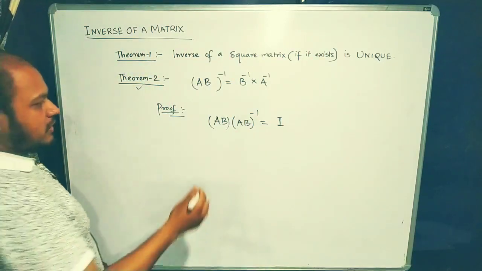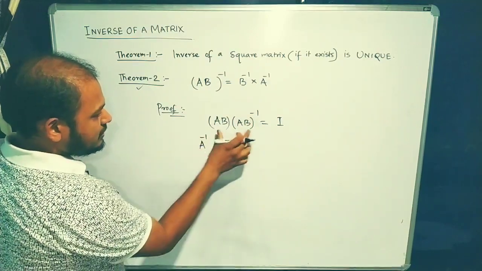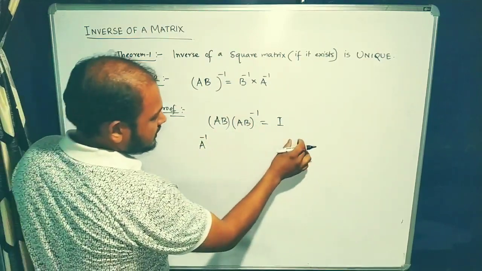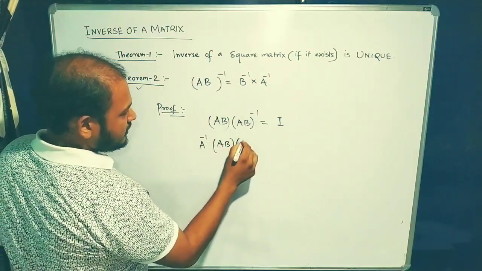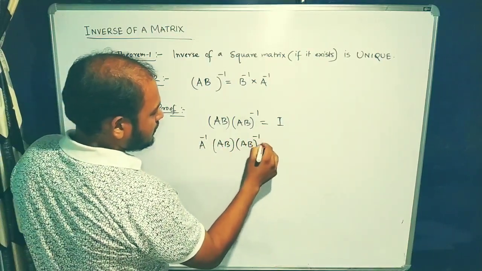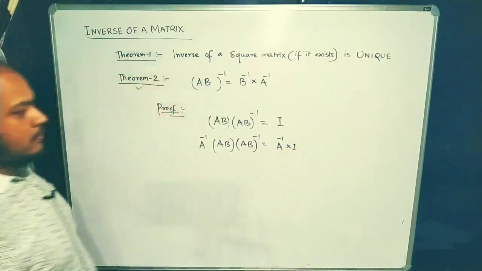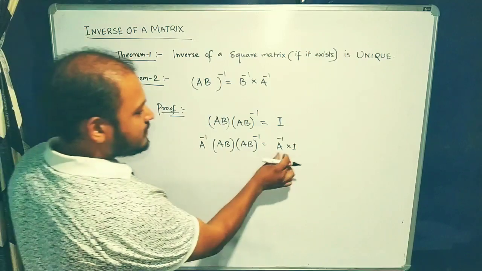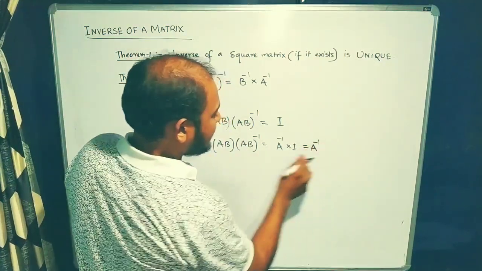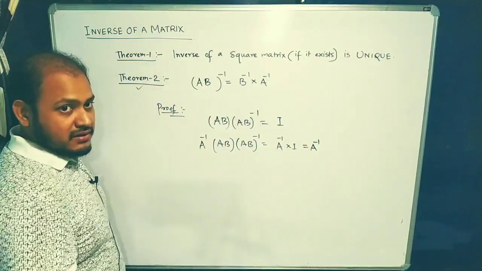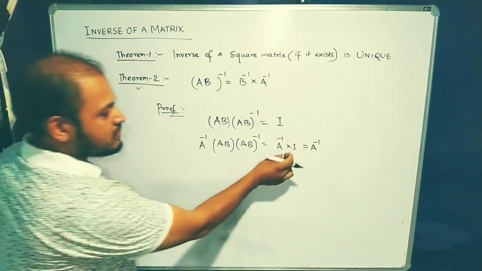Now let us multiply A inverse on both sides, on the left hand side and on the right hand side. We already know A inverse into the identity matrix is A inverse, because any matrix multiplied with an identity matrix becomes the same matrix.